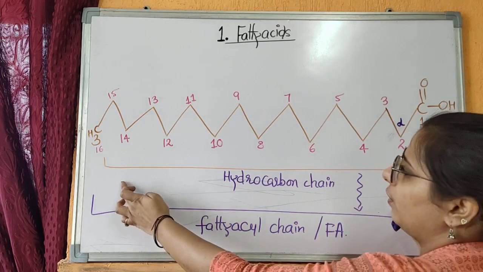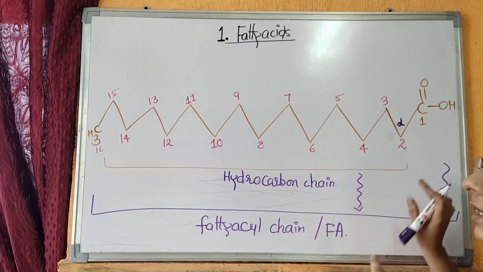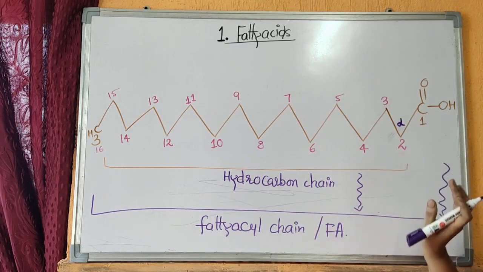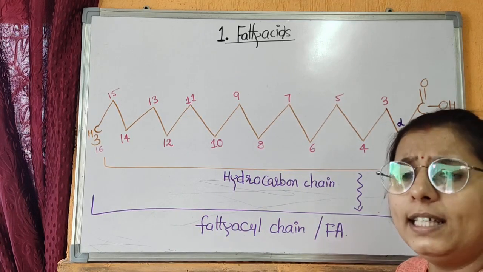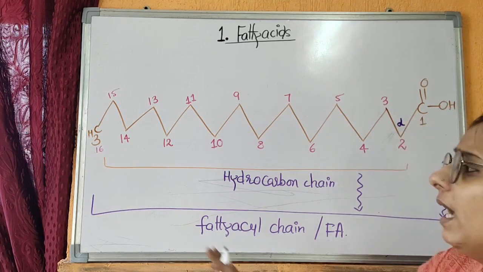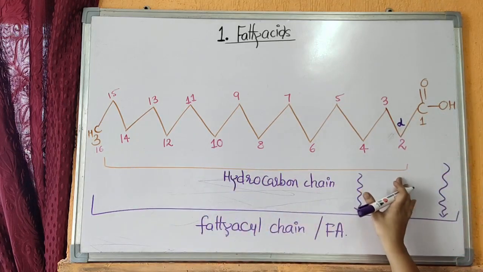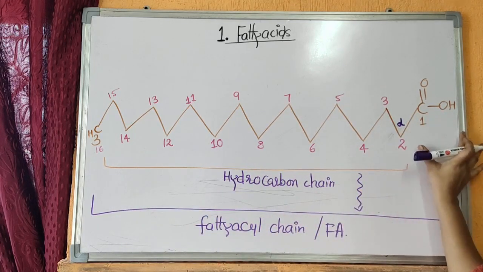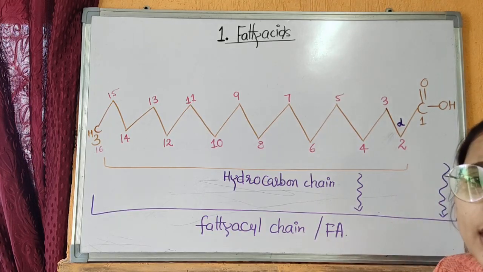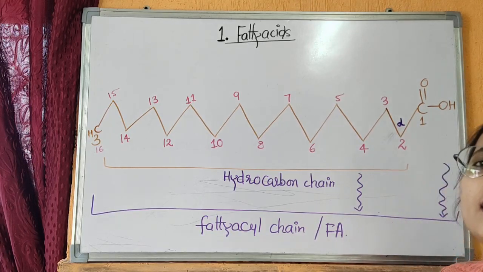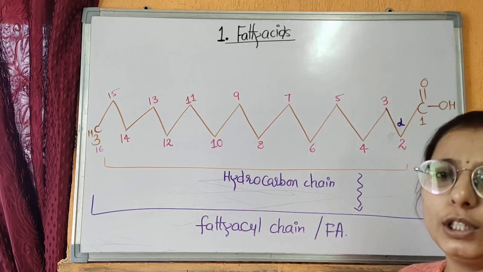The total hydrocarbon chain with the carboxyl group together is called the fatty acyl chain or fatty acid molecule. Thus, a fatty acid is the simplest lipid, has a stretch of hydrocarbon chain and one carboxyl group, and this structure forms the basic structure for the other complex lipid molecules.